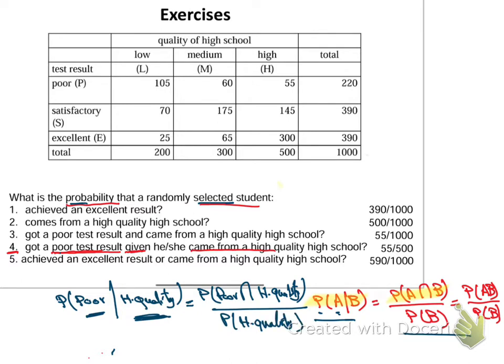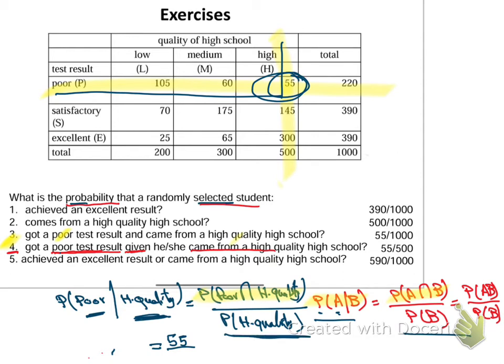So what is the intersection, the probability of poor intersect high quality? This is the poor here, and this high quality, the same problem which we have taken in question number 3. So this is the intersection between poor and high quality. It's 55. So the answer for this one would be, let us write it down, equals 55 divided by the probability of high quality.